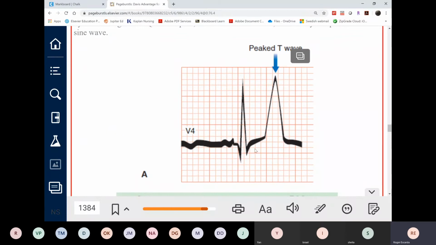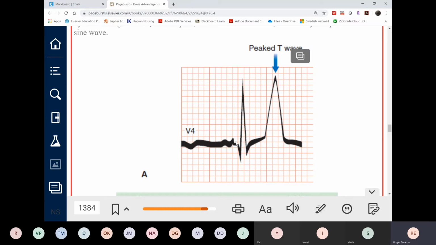We haven't done module 8 yet, but on an EKG, this is the only time that you have a really tall and peaked T wave. The T wave represents the electrical activity of the heart during relaxation.